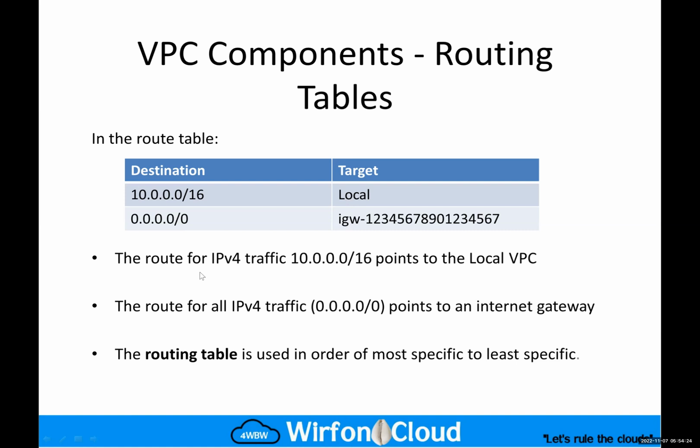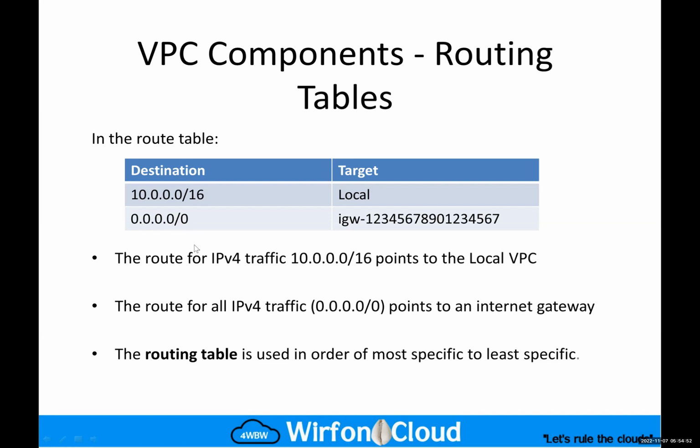Now, the routes in the routing table are processed in order from the most specific to the least specific. So if you ask yourself, how do we know what to do for something that is in the top range but also part of the second range?